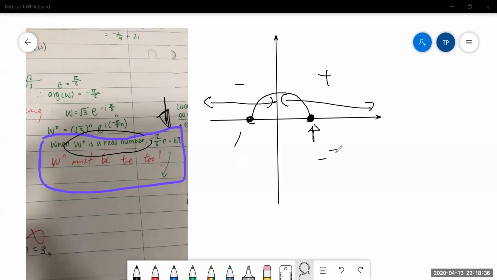So you want 6n to be equal to 2k pi. Because this is pi, this is 2 pi, this is 3 pi, this is 4, 5, 6. As you can see, whenever it comes back to this spot, it's always an even number.